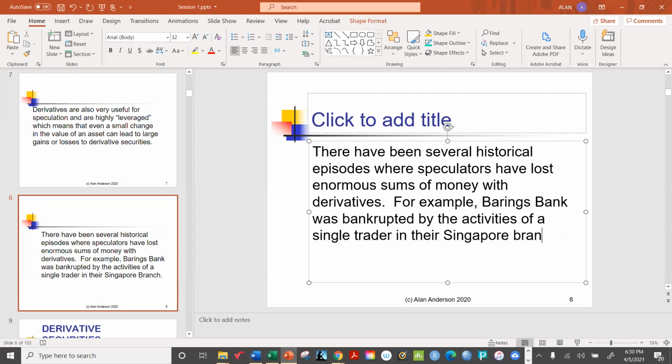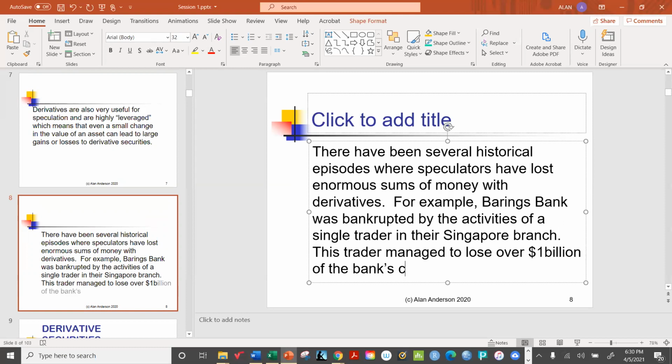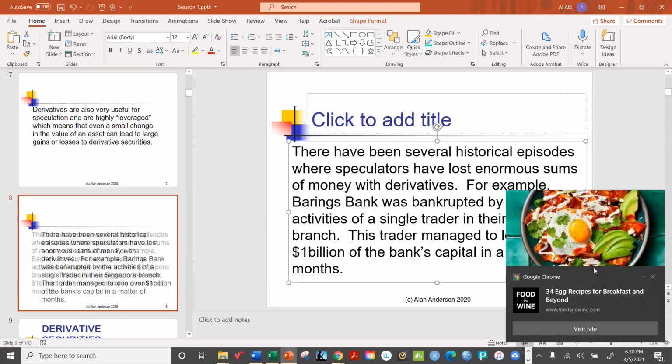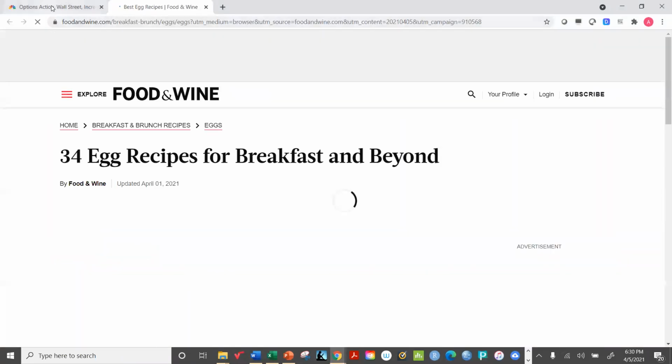This trader managed to lose over $1 billion of the bank's capital in a matter of months. Well, that usually means bye-bye to that company. So Barings Bank was bankrupted by this trader.